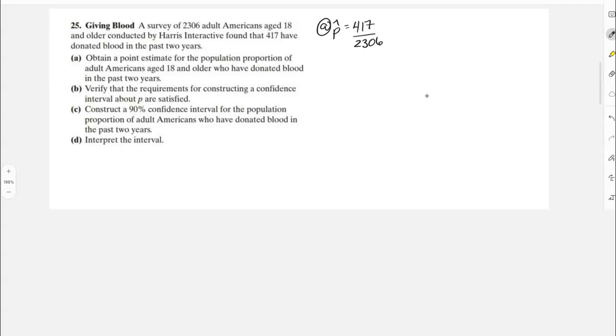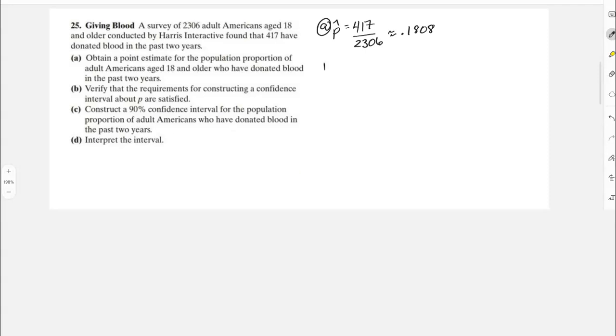That is not a nice number. It's about 0.1808.